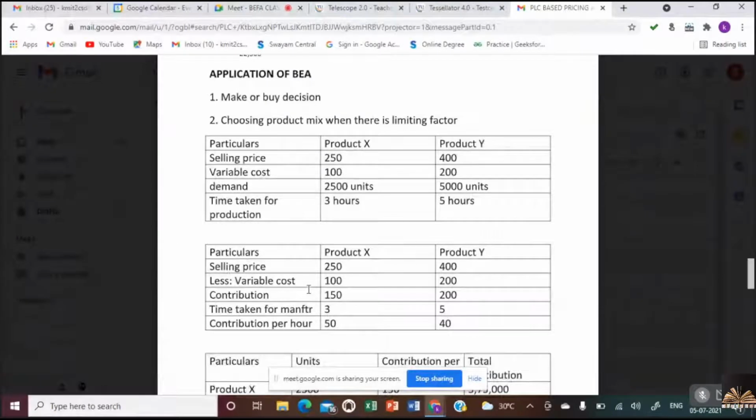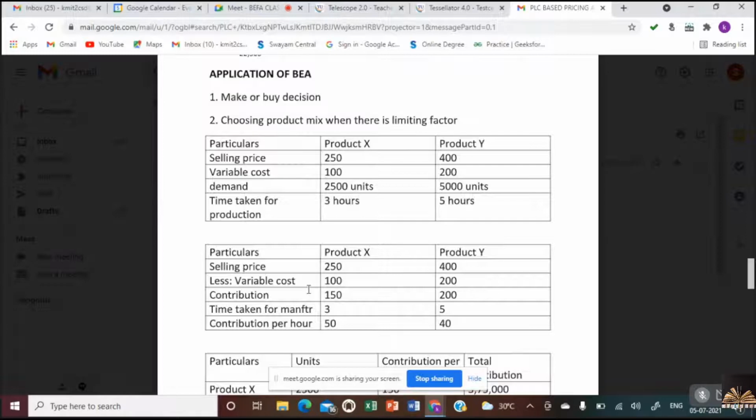What do you mean by limiting factor? Can anyone say? When one raw material is limited or something.